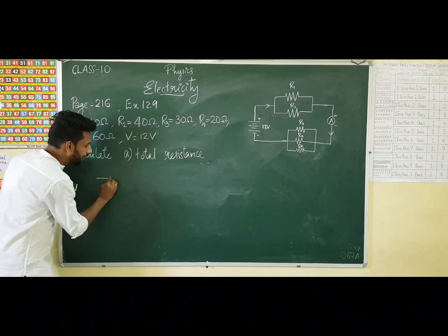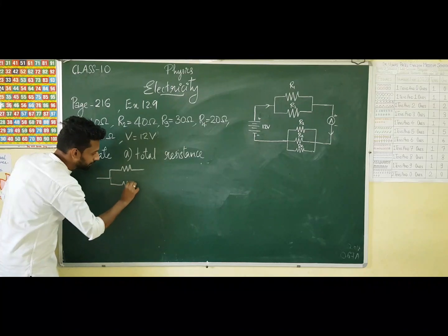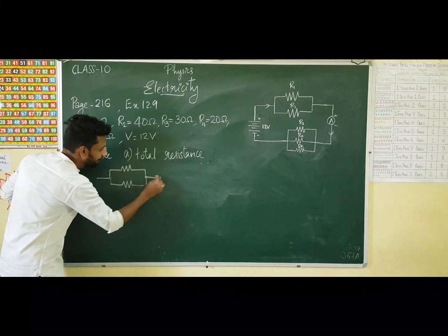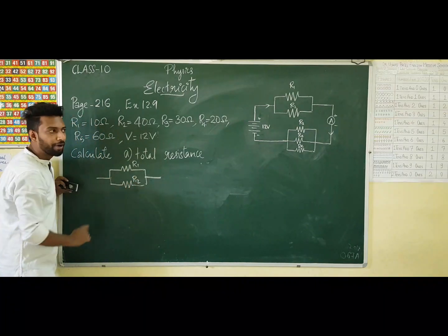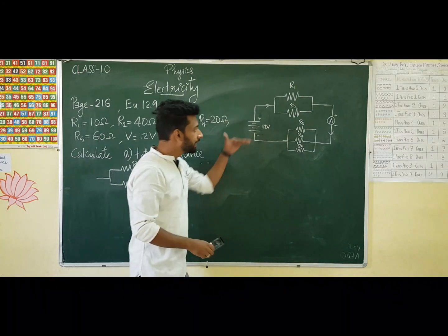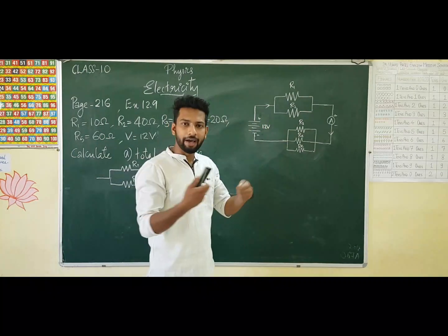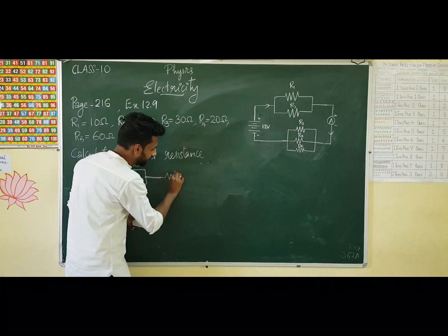Here, I am just redrawing the resistors in order to find the total resistance. R1 and R2 are parallel. And again, I am breaking the circuit from here and arranging them lengthwise. So here three resistors are there.